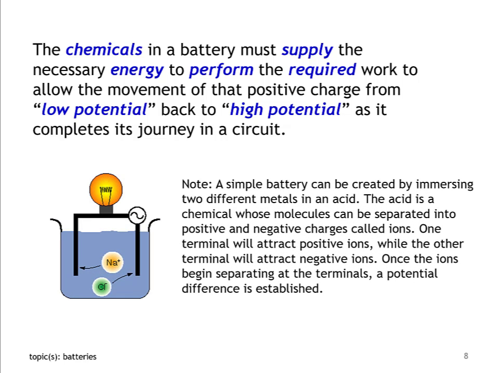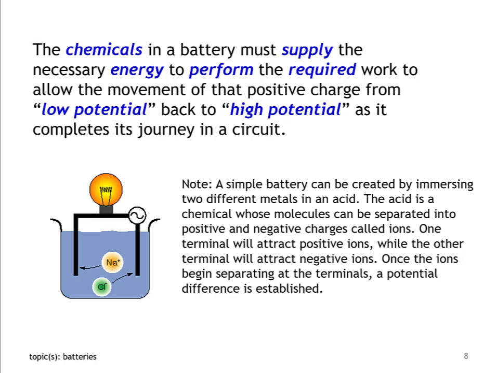A simple battery can be created by immersing two different metals in an acid. Remember that potato clock? Well, when we inserted two different metals, let's say zinc and copper, into the body of the potato, well, there's some acid in that potato.